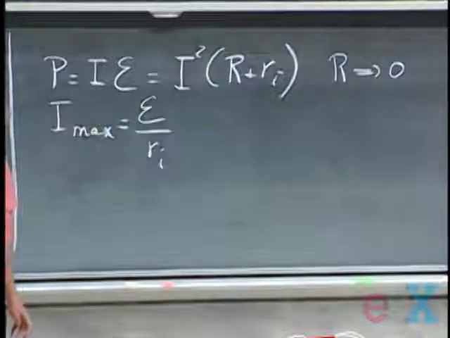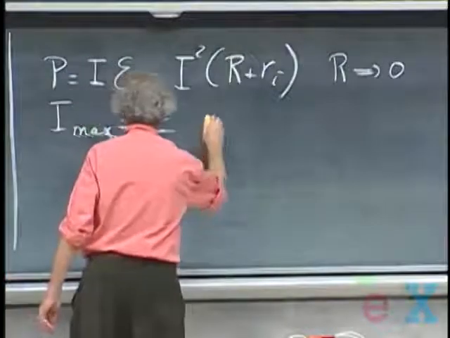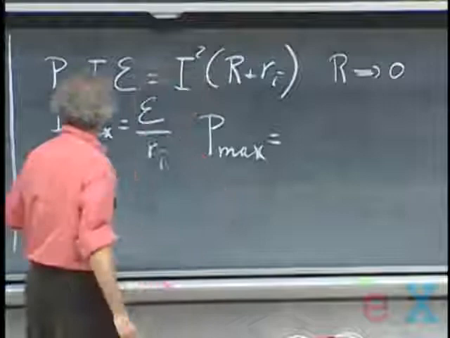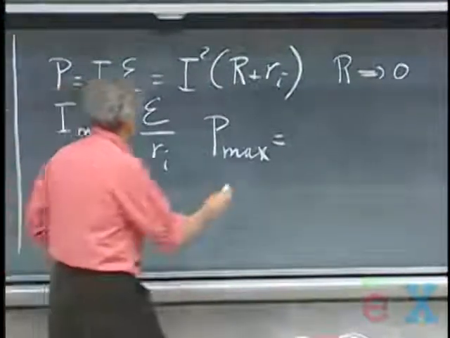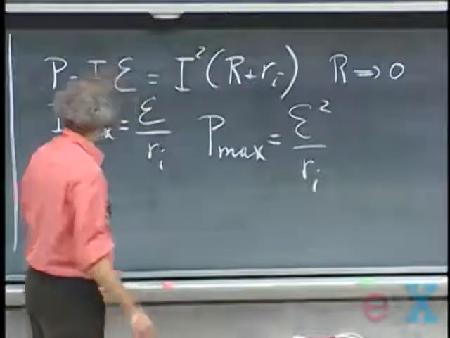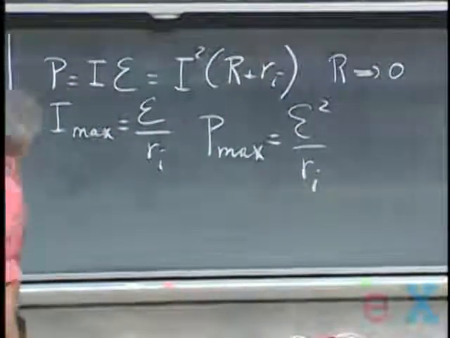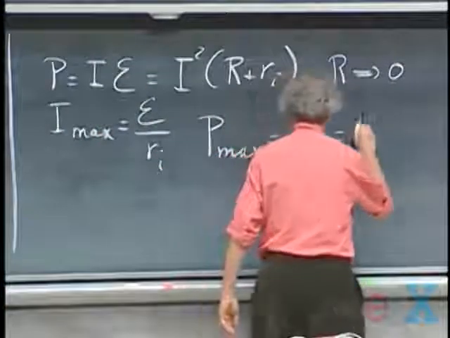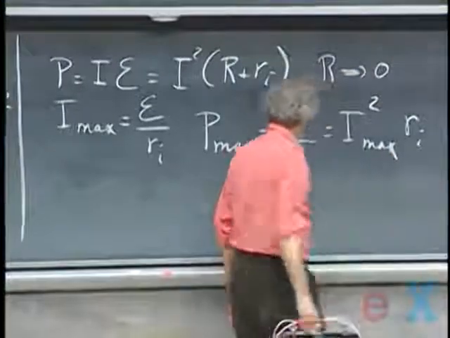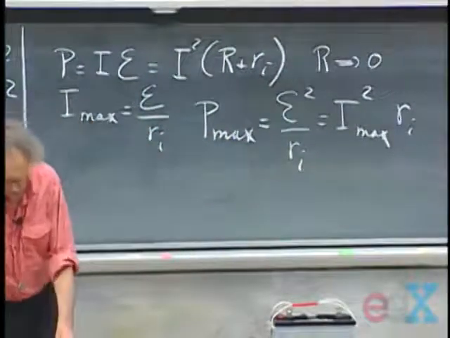And so you get the maximum power, which is now E squared divided by R of I. That is I maximum squared times R of I. It's the same thing. It is the maximum current squared times R of I, and all of that comes out inside the battery. Nothing comes out outside it.